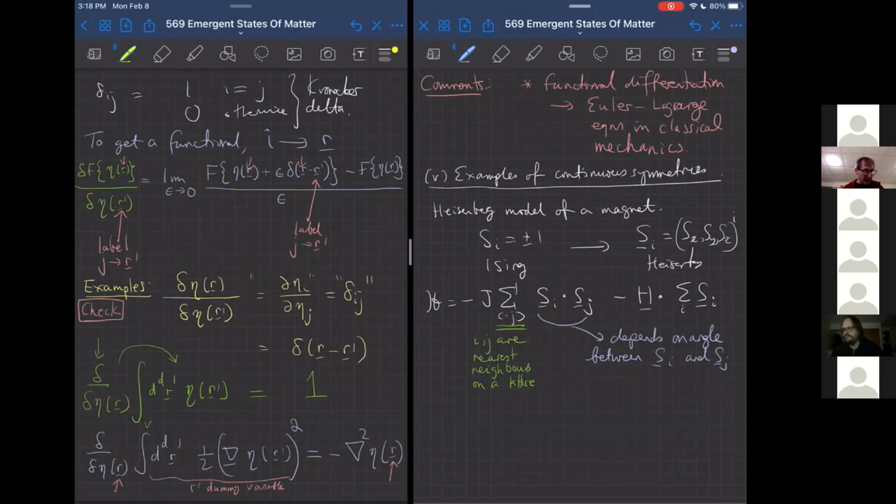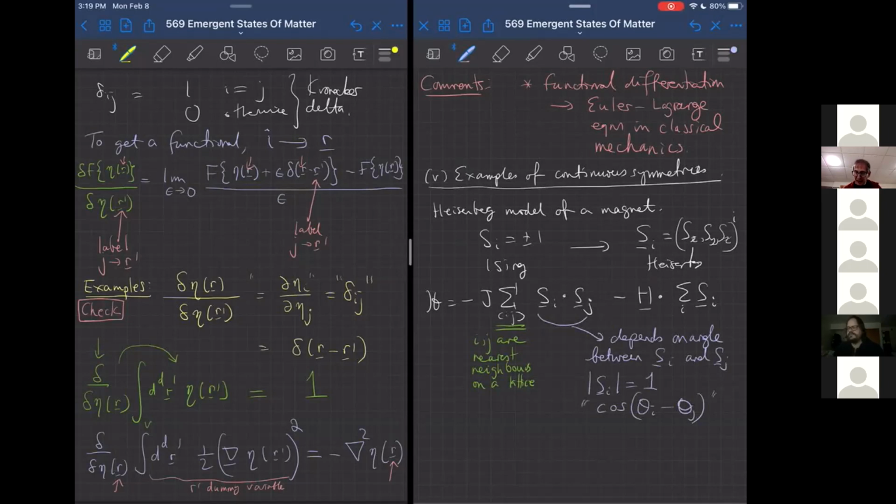So we're going to say that the magnitude of these spins is equal to 1, and so this just depends on the cosine of the angle between them. So I'm not going to dwell on that.